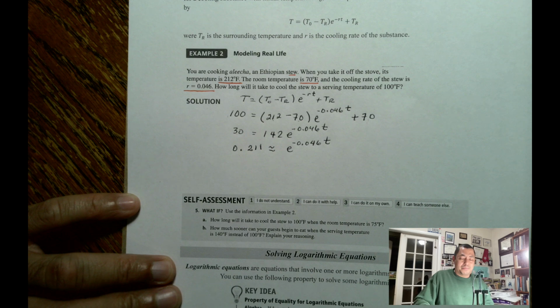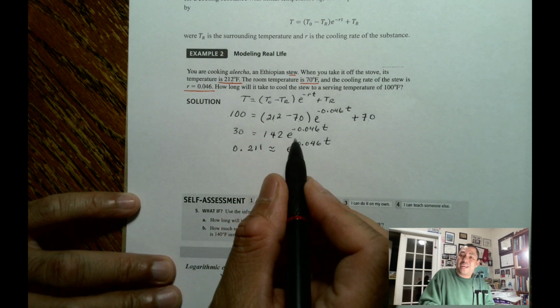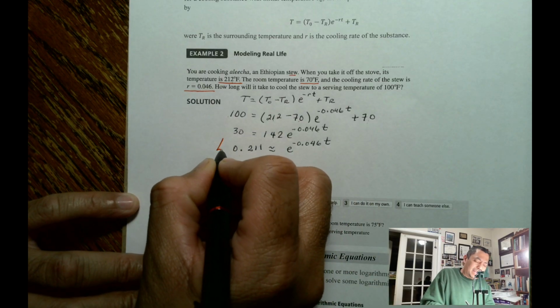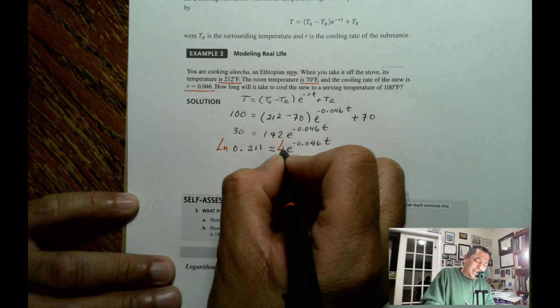Okay, the bases are not the same, so because I have an exponential function, I have an e, I'm going to use the natural log, ln.